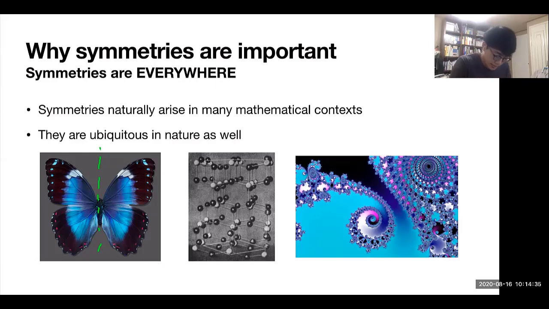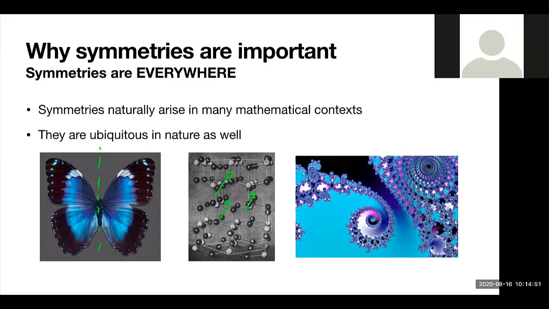If you look at the interaction between these microscopic atoms, you have complicated translational and rotational symmetries that leave this crystal structure, or some interaction structure between these atoms, invariant. So such symmetries also occur in chemistry.